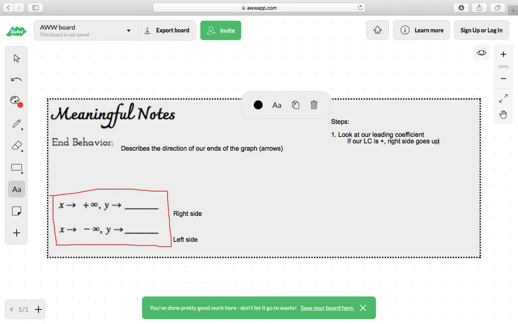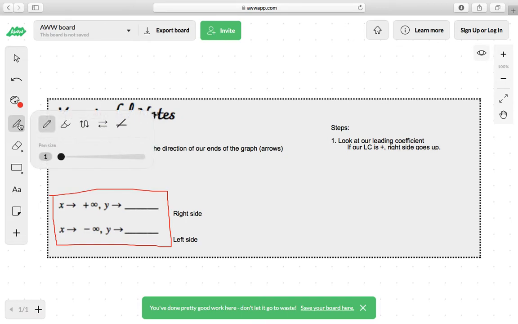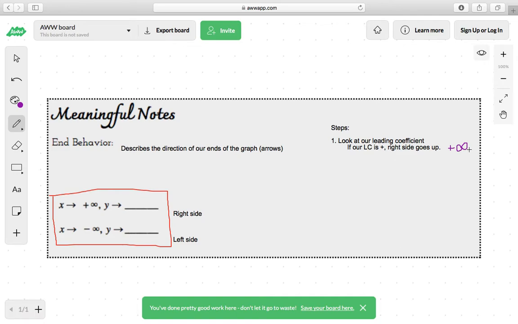So the right side of our graph is going to go up because our leading coefficient is positive. And so what that means is we can fill in the first blank with a positive infinity. Okay, so excuse my bad infinity sign. It's like a sideways 8. So if our leading coefficient is positive, then we put positive infinity in the first blank.